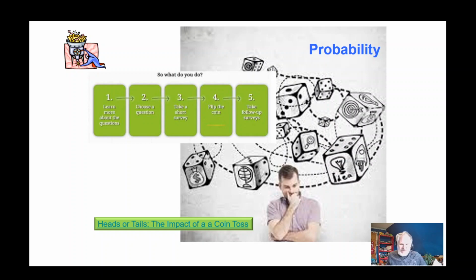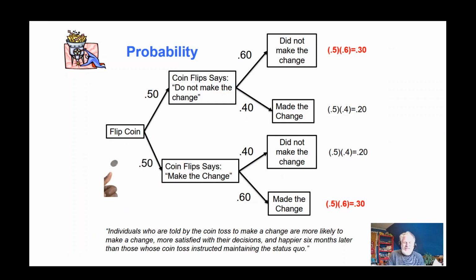Okay, so what were the results? The coin is a 50-50 flip. Either the coin recommends that you make the change, or the coin recommends that you do not make the change. And then they followed people up after 6 months to see what had happened.